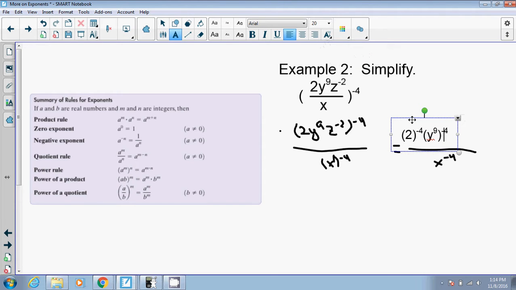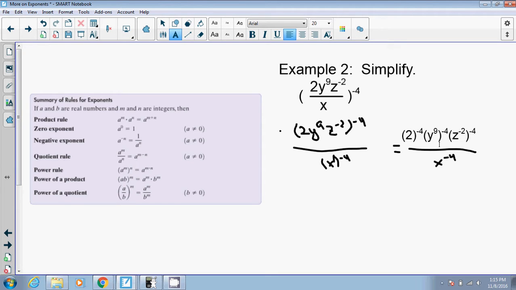And then I also have z to the negative second raised to the negative 4th. So we used our power of a product rule to simplify the numerator.